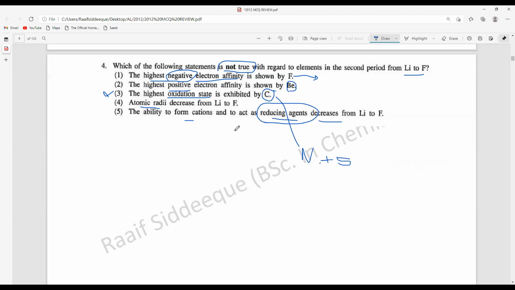lithium to fluorine. First, we will check the ability to form cations. So you know, I explained this now. Lithium does not like to be lithium minus and get stabilized because lithium is a metal. It likes to be in the stable form as lithium plus because when lithium plus is formed, an entire shell is removed.